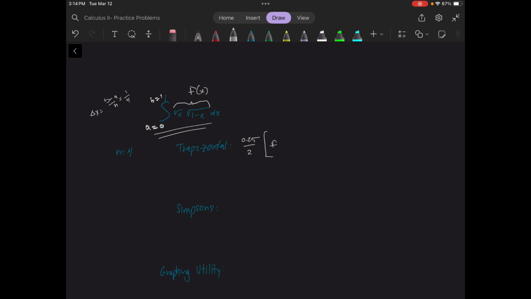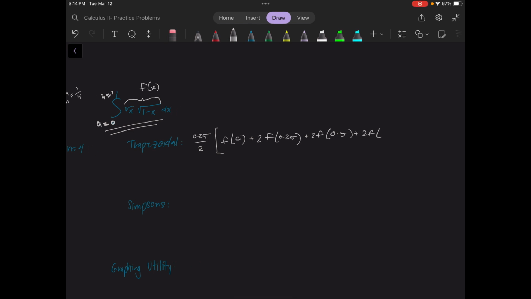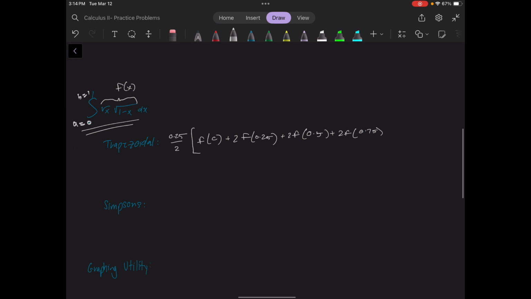We're going to evaluate f at 0, and evaluate f twice at 0 and 1 width, and evaluate f twice at 2 widths, and evaluate f twice at 3 widths, and finally evaluate f once at that 4th width, or the b value of 1. So as you can see, we jumped by 0.25 each time because that is the width of our trapezoid.